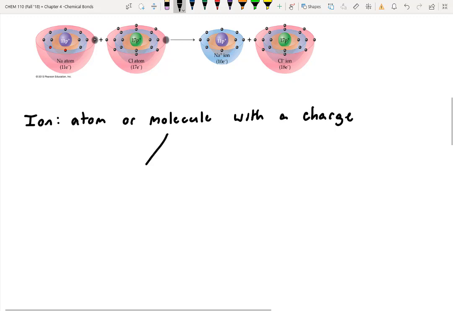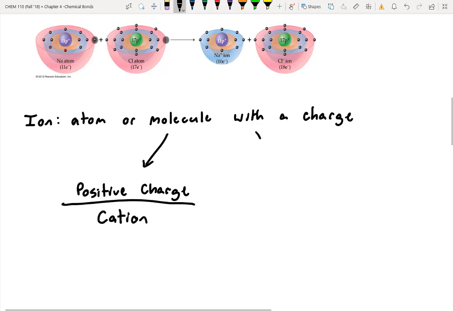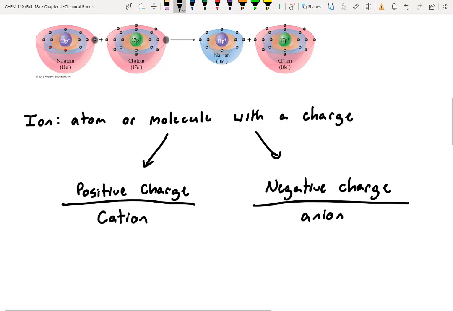All right? Like I said, if it has a positive charge, is that a cation or an anion? Cation. Versus a negative charge would be an anion. These are easy to flip-flop.